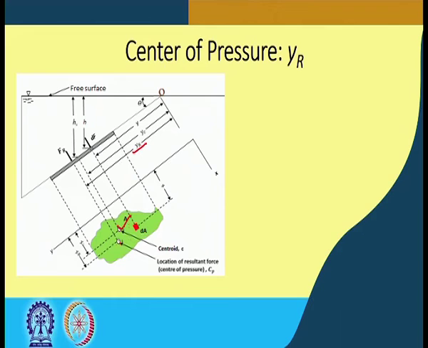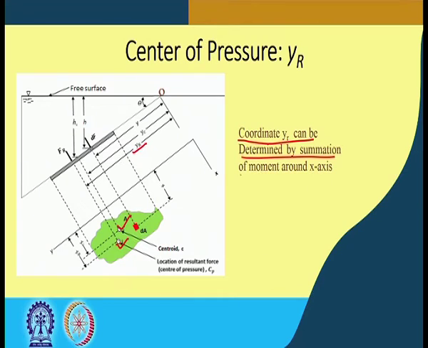Centroid is here, this is the center of pressure, YR, which is not equal to YC. Good. In that case, coordinate YR can be determined by summation of moment around the x axis. So for finding YR, the moment equilibrium should be done around the x axis.